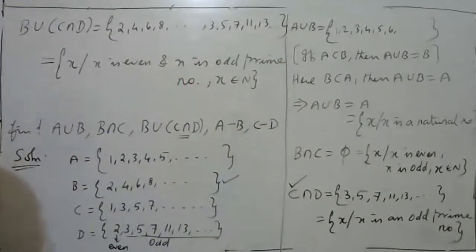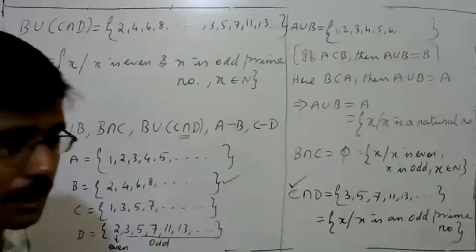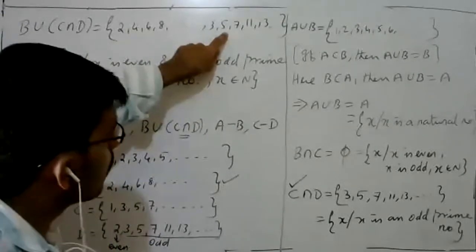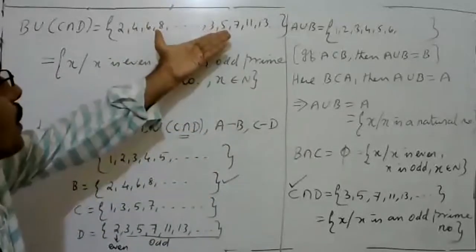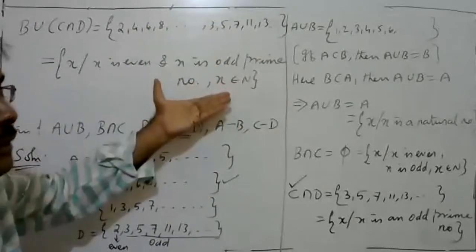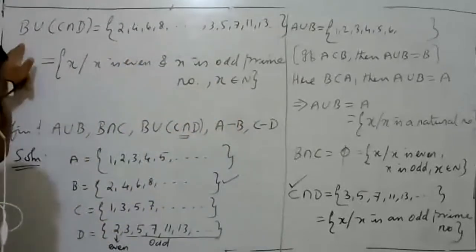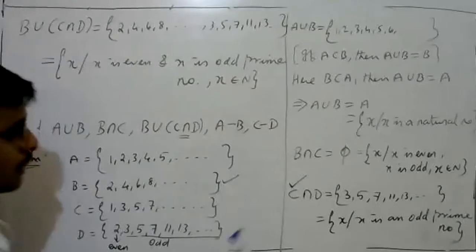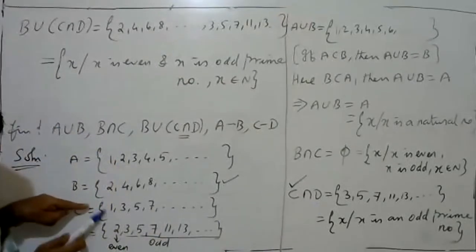We have to take that also because everything is defined in the natural numbers only. So x is even, x is an odd prime number, and x belongs to natural numbers. So this is our roster form of the set, and this is our set builder form of the given set B union C intersection D. I repeat that, C intersection D means the intersection of these two, the common elements.